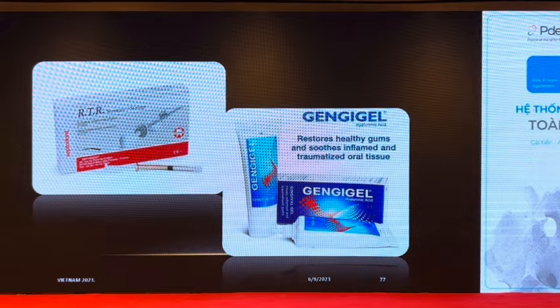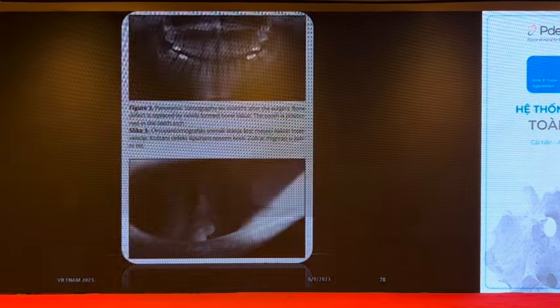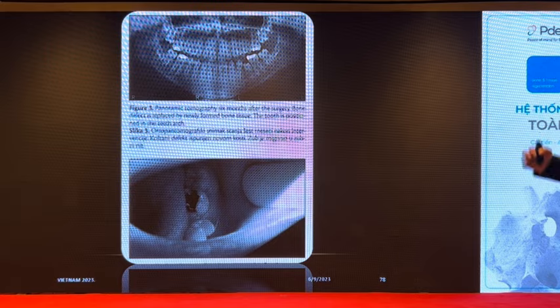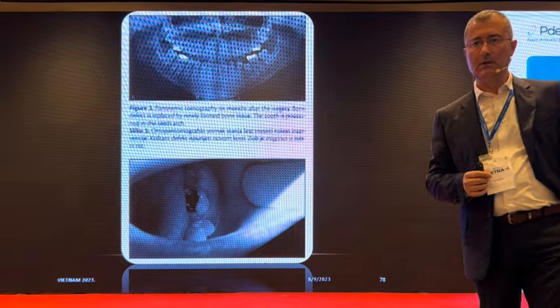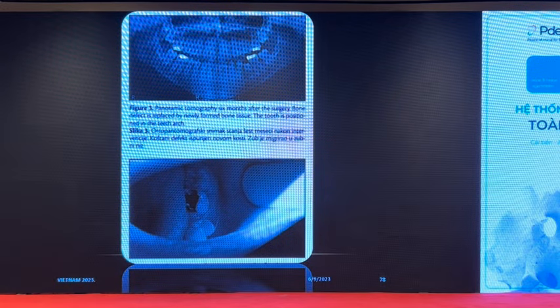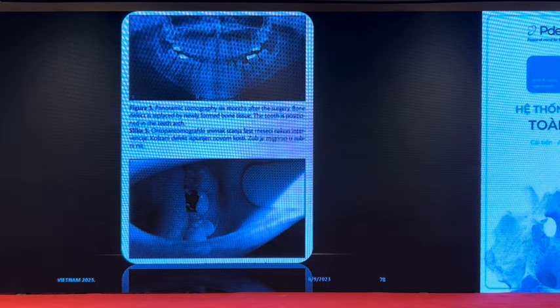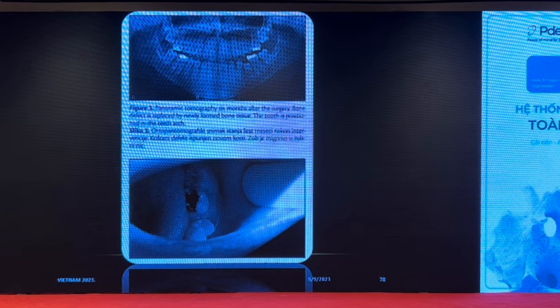The final result after a few months was full recovery of the bone and new bone. And as you can see, this tooth erupted, and it is vital.